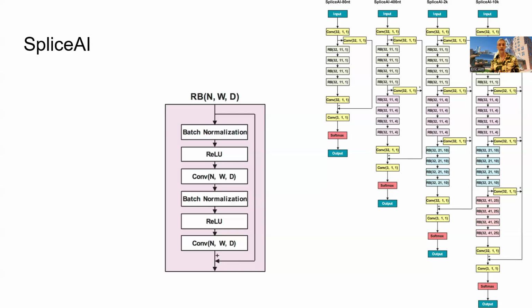In SpliceAI, they have kernels of different widths, and most of them are width 11. So they're looking at 11 nucleotides at a time, which is pretty good, right? 11 is basically how long it takes the DNA double helix to make one full 360-degree turn.